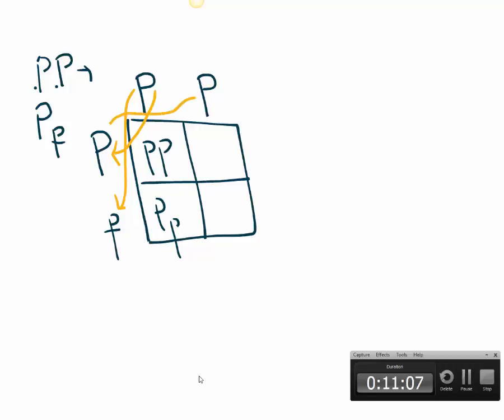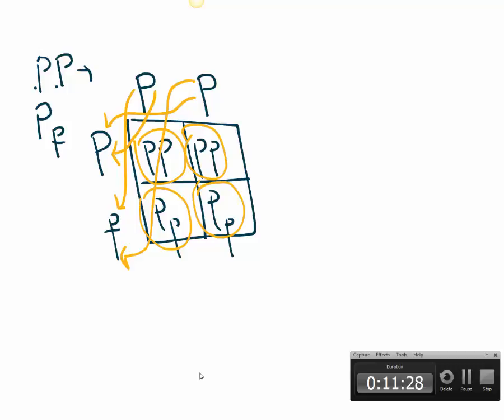And if this sperm fertilizes that egg, we're going to have another big P, big P individual. And if this sperm fertilizes this egg, we're going to have a big P, little p individual. So these are our 4 probable zygote combinations based on parents that are homozygous dominant and heterozygous.